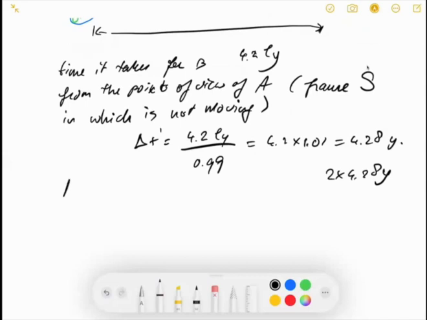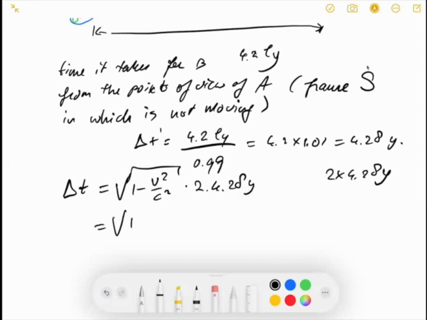Now the actual time that the twin brother experiences is going to be shorter, because it's going to be the square root of 1 minus v squared over c squared times 2 times 4.28 years. Like I said, 0.99 c, right?